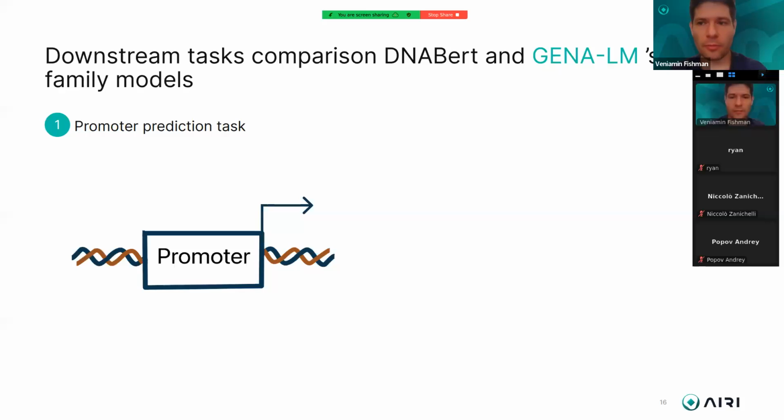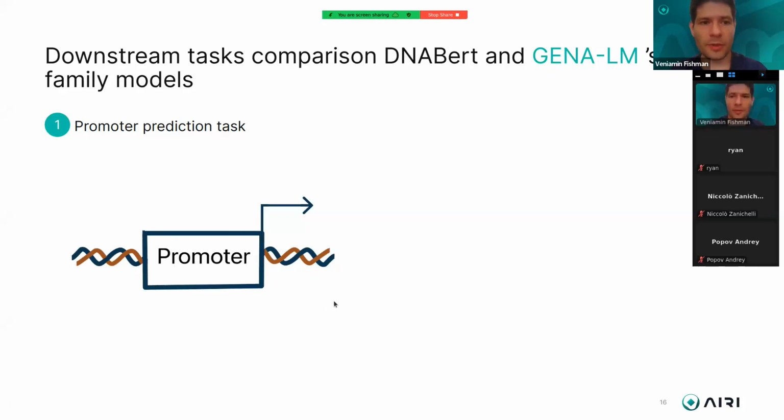I will start from the challenge of predicting promoter activities of DNA sequences. In machine learning terms, it would be a classification task where you would like to classify sequences into promoters, technically those which are just sequences upstream of transcription start sites, and non-promoters.